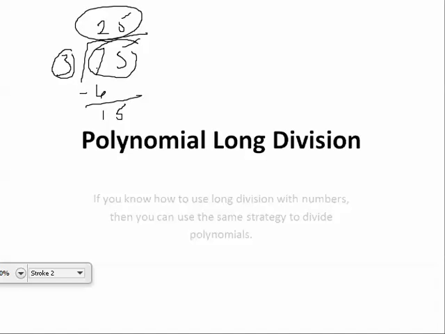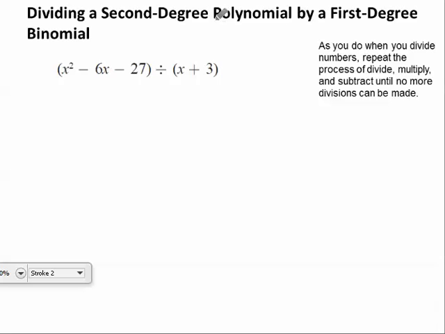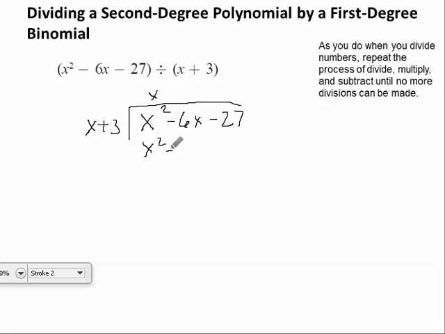So we're doing the same thing with polynomials. Let me give you an example: x squared minus 6x minus 27, and we're dividing that by x plus 3. Well, I know that if I multiply x times x, I'm going to get x squared. So I multiply that, and I get x squared plus 3x, and I'm going to subtract this.